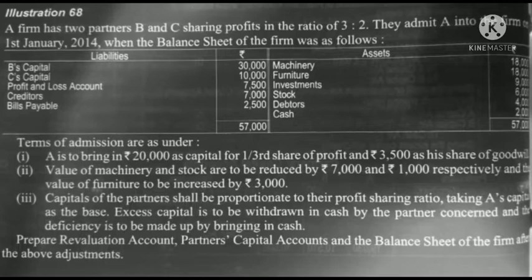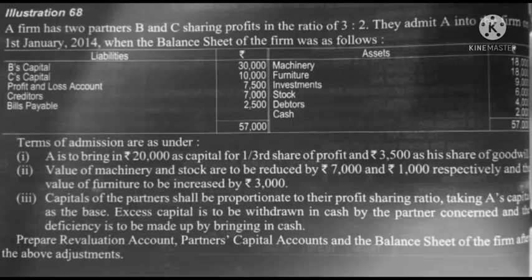Afterward, look at point 3. Capital of the partners shall be proportionate to their profit sharing ratio, taking A's capital as the base. Excess capital is to be withdrawn in cash by the partners concerned, and the deficiency is to be made up by bringing in cash.